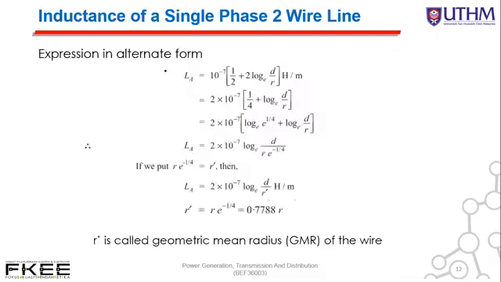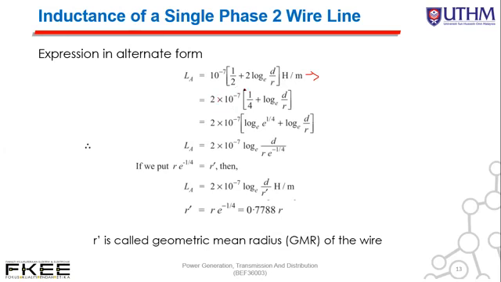From the equation to calculate the inductance, basically the equation of inductance is 10 to the power of minus 7 times (1 over 2 plus 2 log exponent D over R). This is for a two-wire line. This inductance occurs in conductor A, for example, and then we can simply take out 2 from this equation.